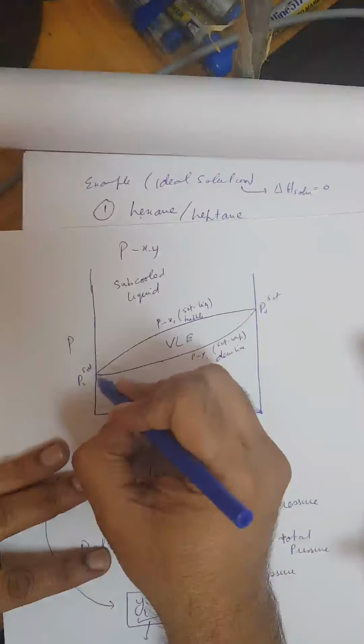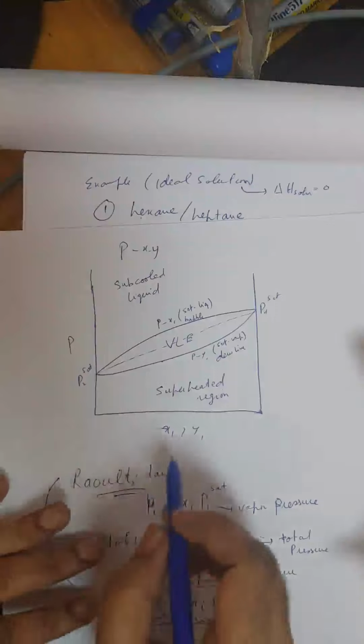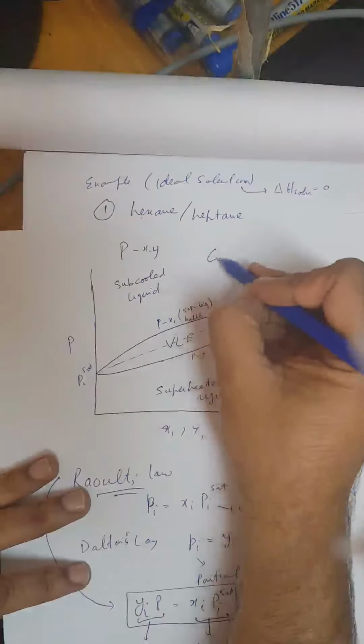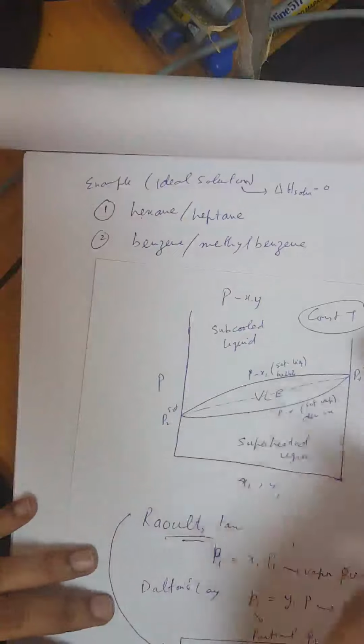I told you last time, if the solution is ideal, it means they will give almost a straight line. If you increase the composition, the pressure will increase at constant T. But we are getting a curve. So there are two phenomena. One is ideal.